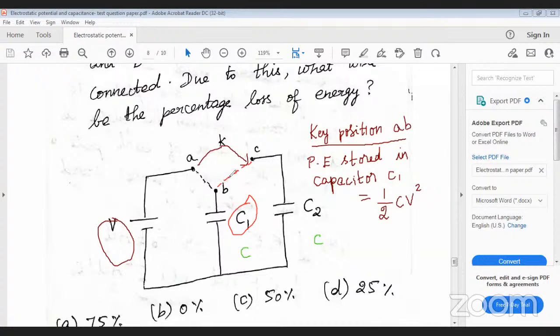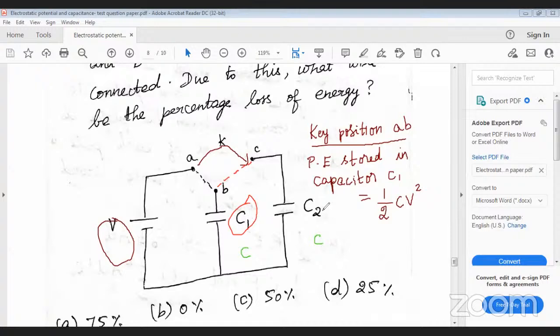When you switch the key position to here, you are including both C2 and C1 in the circuit, and both are in series. So the charges stored in capacitor C1 will be redistributed among C1 and C2.